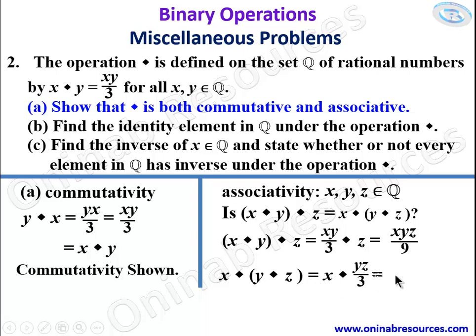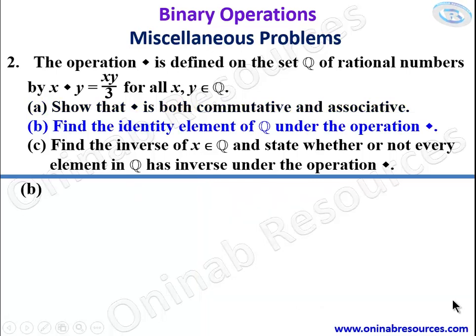We are still going to have xyz over 9, since it is this times this divided by 3. From here, we can see that the left hand side is equal to the right hand side. Therefore, associativity shown. Then we go to the B part of the problem.